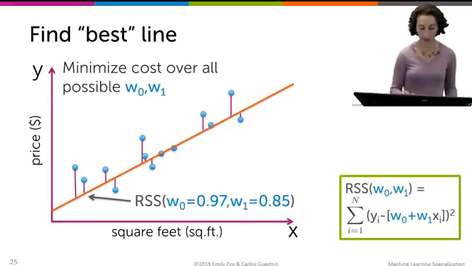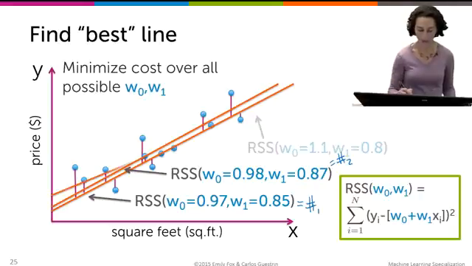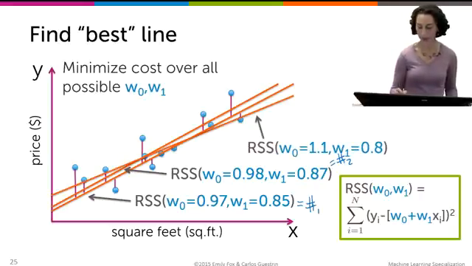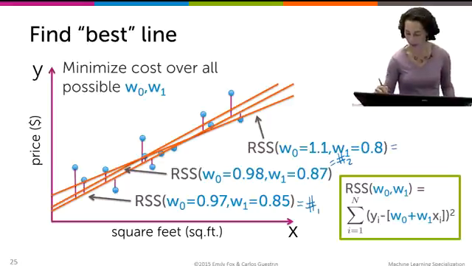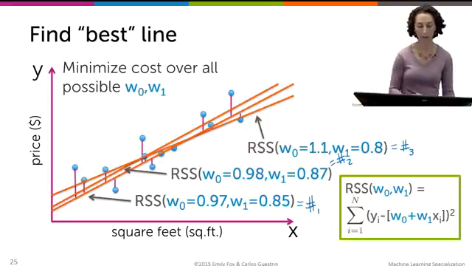Well, that results in some RSS, so I'll call this number 1. And then if I give you a different line, specified by a different intercept and a different slope, that's going to result in a different cost. So I'll just say that's some other number. And then this other line with different parameters has some other number associated with its cost as well.